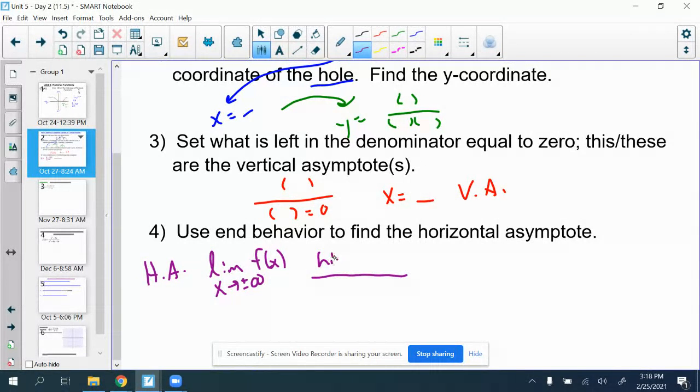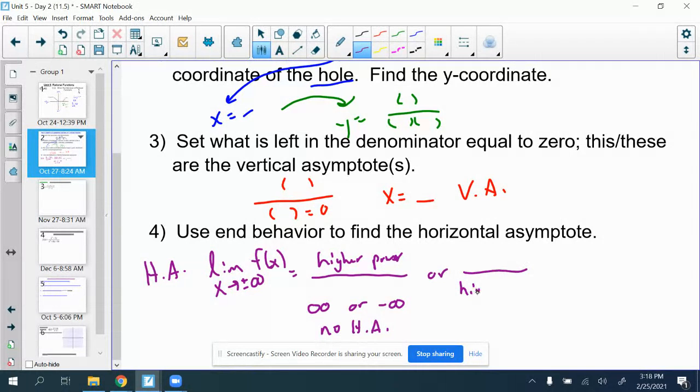If we have a higher power of x on the top than the bottom, some people call this top heavy, and you're either going to go to infinity or negative infinity, which means there's no horizontal asymptote. If the highest was x cubed at the top and there's an x squared on the bottom, there wouldn't be a horizontal asymptote.